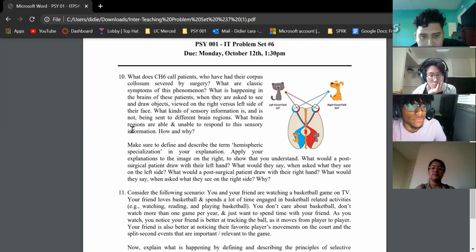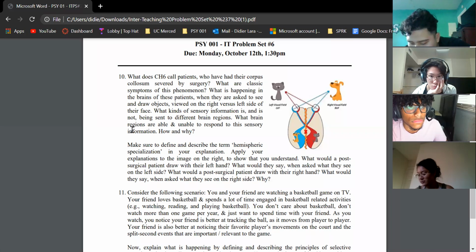And then what would a post-surgical patient draw with the right hand? What would they say? I don't know if I got it right. I just put that with their left hand they'd be able to draw a cat, but they wouldn't be able to tell you what it is. And with the right hand, they'd be able to draw it and also tell you that it's a dog, because the dog's on this side, on the right hand.